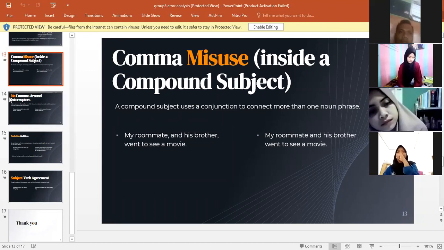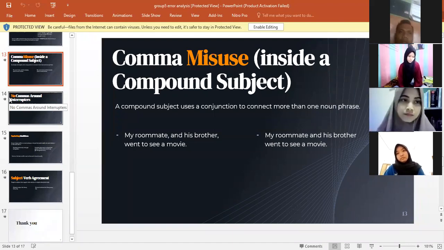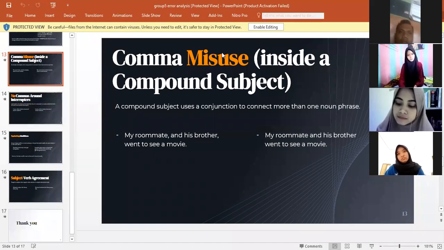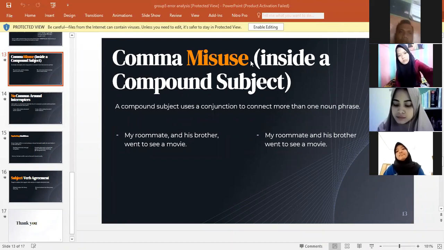So in a compound subject, we don't need to put a comma because there is already a conjunction in the sentence. So we don't need to add a comma anymore, because there is already a conjunction, in this sentence, "and". After a conjunction we no longer need to add a comma. Next step.